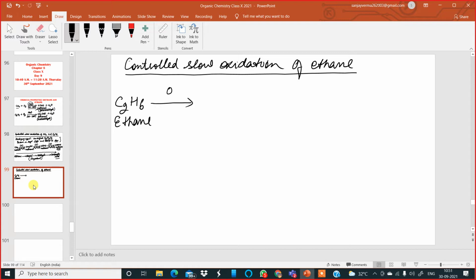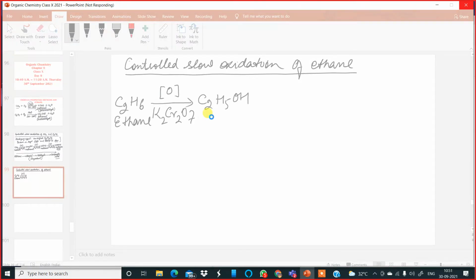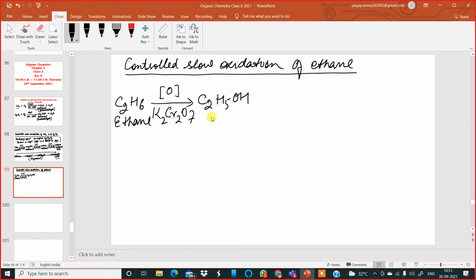Nascent oxygen is provided by acidified potassium dichromate solution, K2Cr2O7. In the first step, it gets oxidized to an alcohol, C2H5OH, which is ethanol. Please keep that in mind. So in the first step, you are getting ethanol.